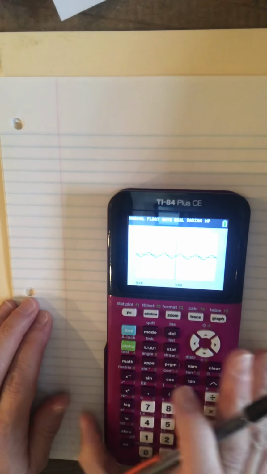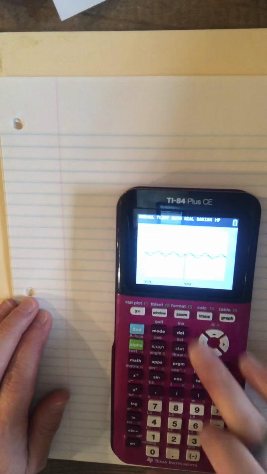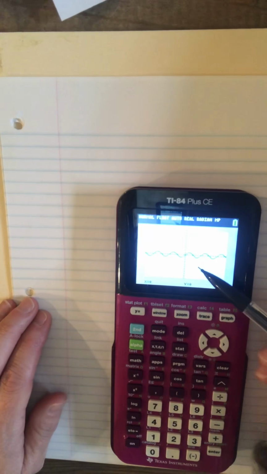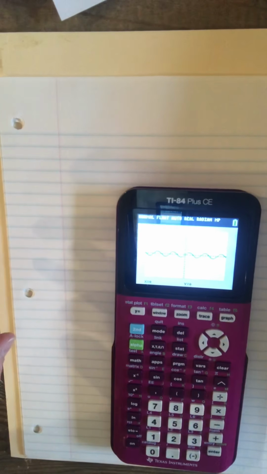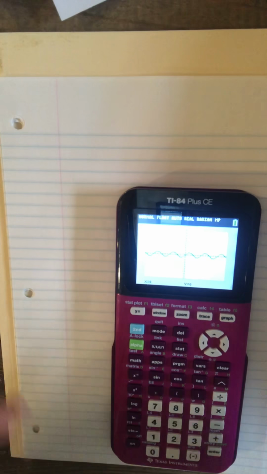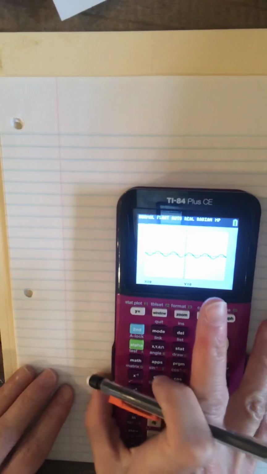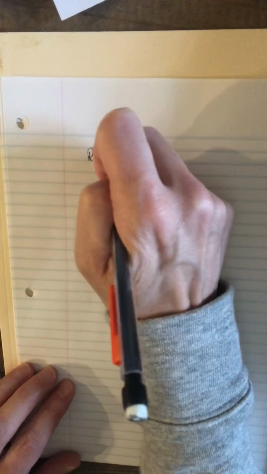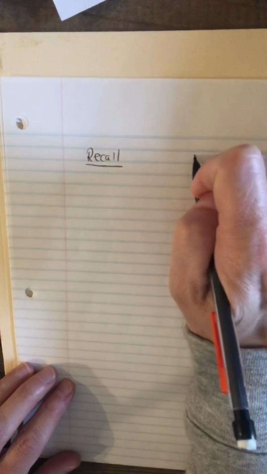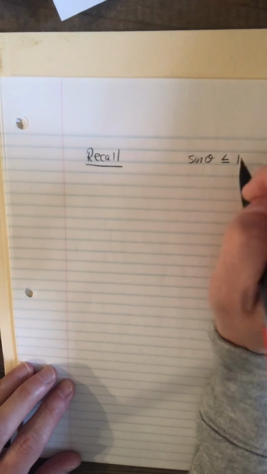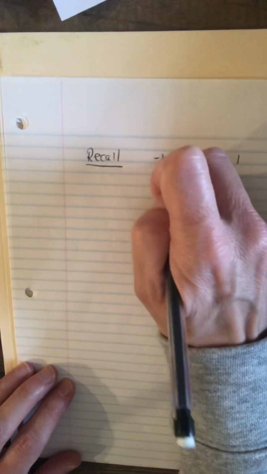If we recall, the max of our basic sine function was 1 and the min was -1. So we're going to recall that sine theta has to be between 1 and -1.